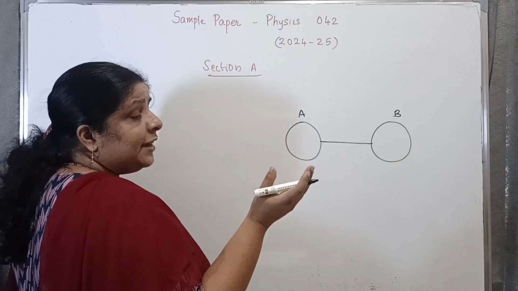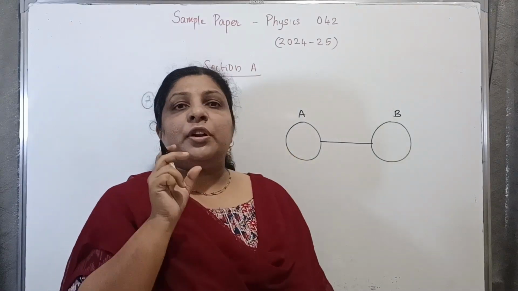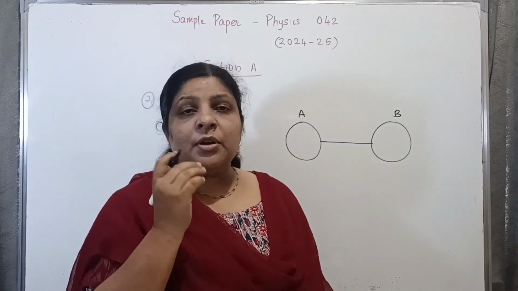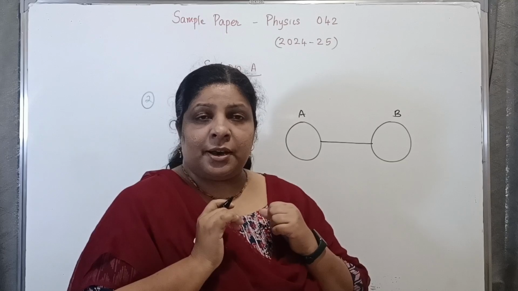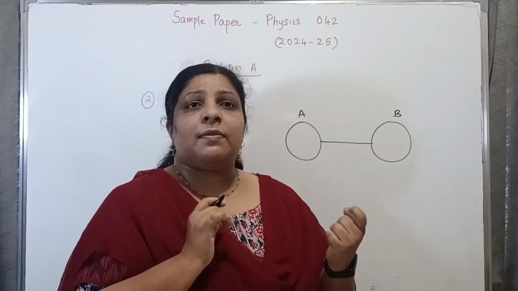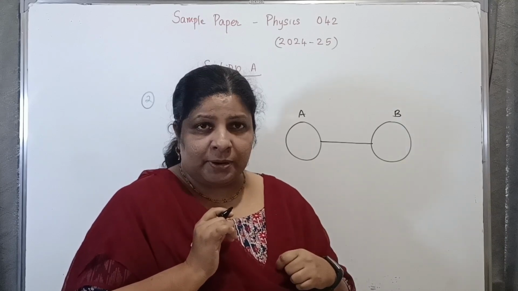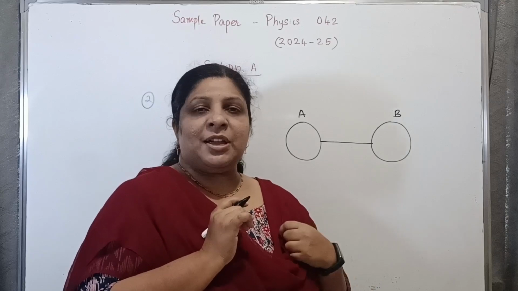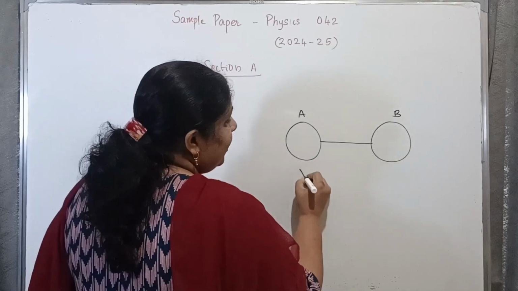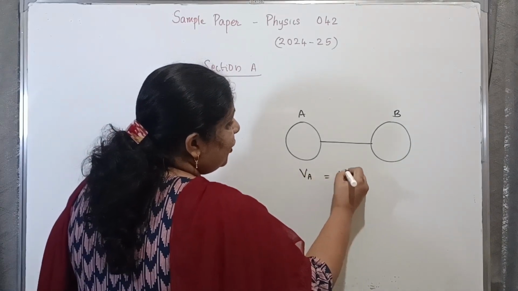What do we mean by equilibrium? At equilibrium, the potentials will be the same. That means after connecting, once they attain equilibrium, the potential at A will be equal to potential at B.